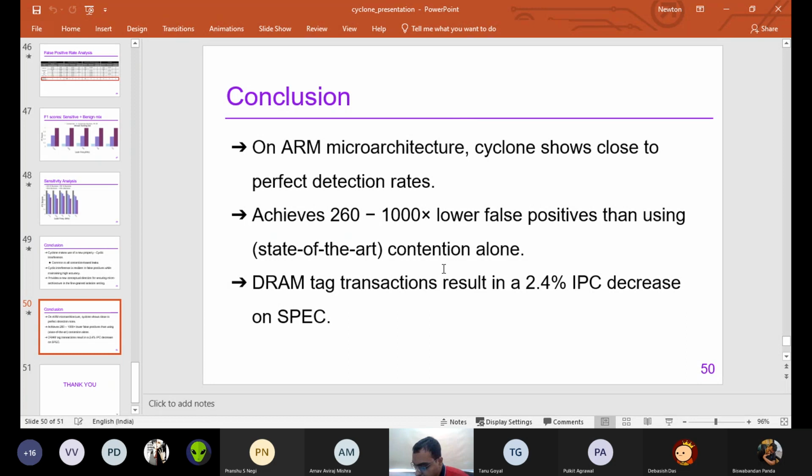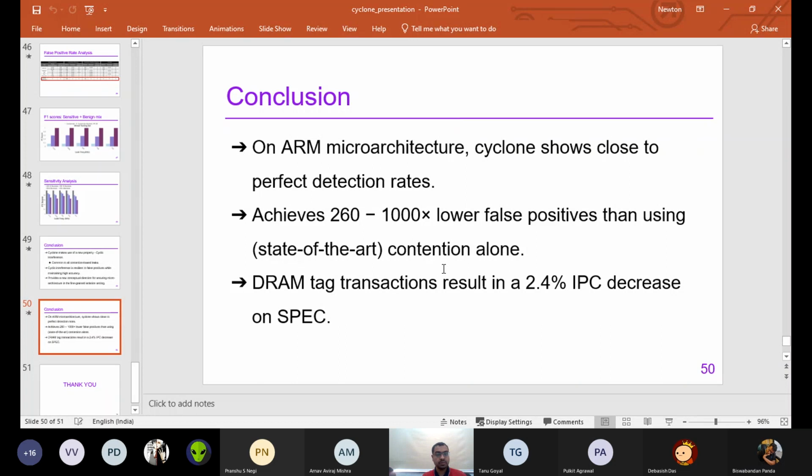And then at the cache level, there is a slowdown of up to 33% on average and a max slowdown of 40%. This is at the L2 level because you are storing tags at the L2 level. I'm just giving the slowdown for individual components. And then where is this slowdown coming from?